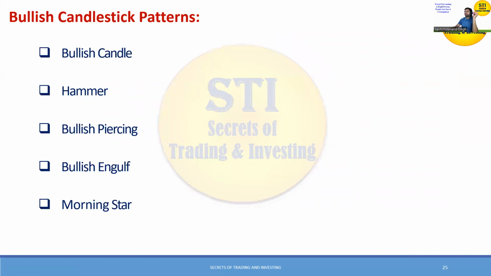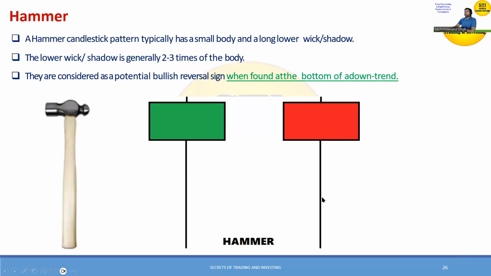How do we identify them? The first one we are going to touch upon is the bullish. Bullish means the type of candles which tell that the market is going in an upward direction. So there are five kinds of bullish candlestick patterns: the bullish hammer, bullish piercing, bullish engulfing, and the morning star. Okay, how to identify them?